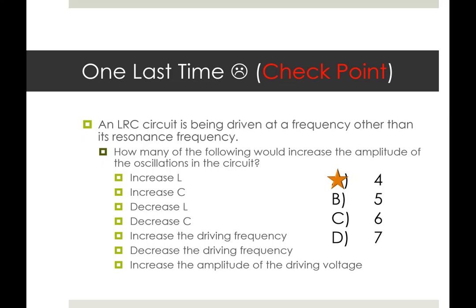Again, we're not sure if we're above or below, but certainly two of these are going to help. So we're up to 2 out of these 4 and 1 out of these 2, and then the fourth is this last one. Just pushing harder, you legitimately with your arms pushing harder on the swing, is going to give you a bigger amplitude.